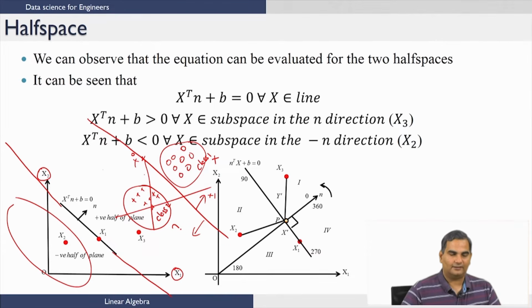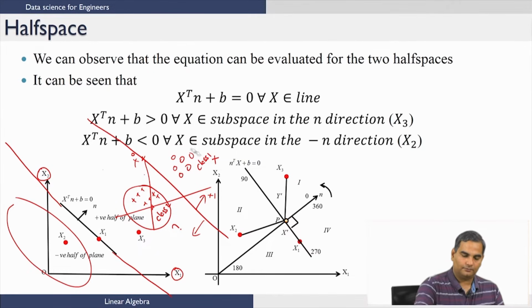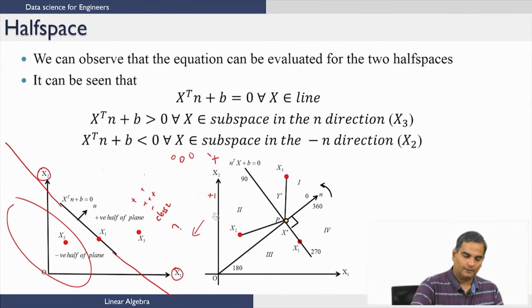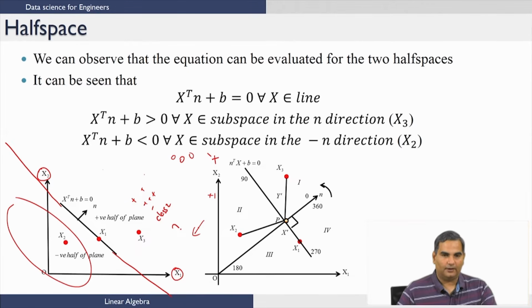So, that is the data science interest in understanding this topic in linear algebra. Now, let us proceed to see how we do this through some simple geometric concepts. Let us go back to this picture and ask how I determine which half plane, or half space, a point lies in.